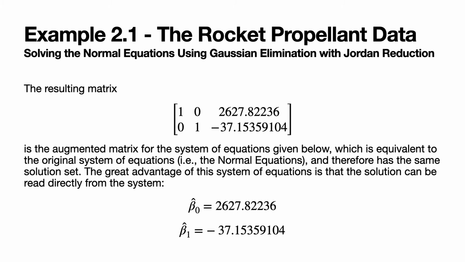And so that is the solution of this system of equations, and this system of equations is equivalent to the original normal equations, and so the solution to this system is the same as the solution of the normal equations, and so these two values solve the normal equations. And so again, these two values are the least squares estimators of beta 0 and beta 1 respectively, because they satisfy the least squares criterion.